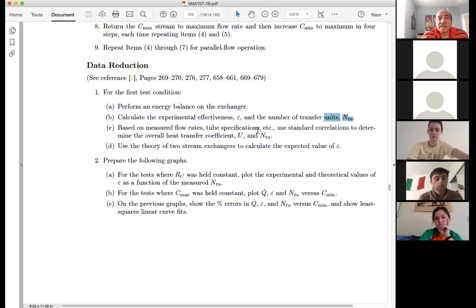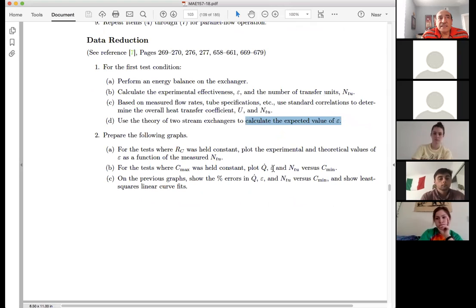So there's a little bit of a long cycle until we determine the NTU. And then we calculate the effectiveness and compare the experiment to theory.